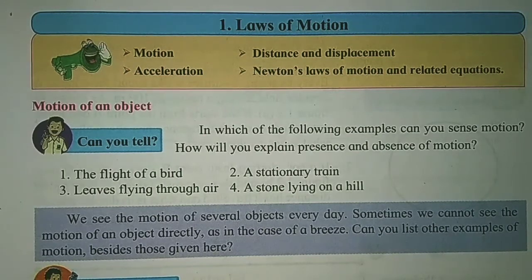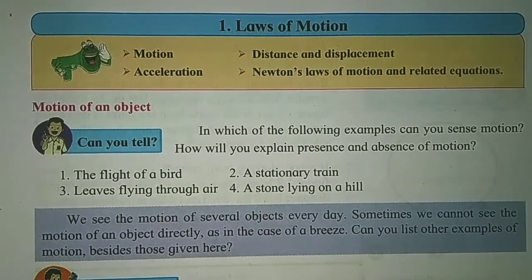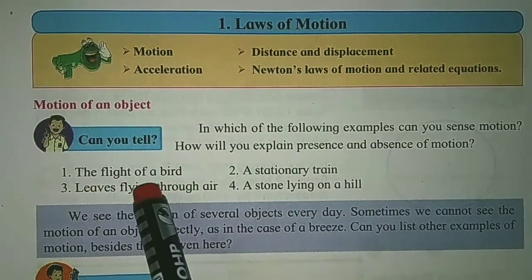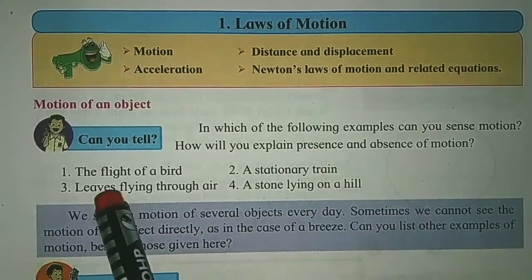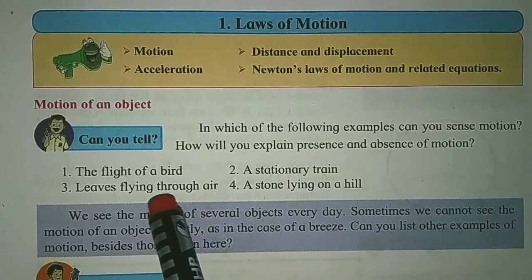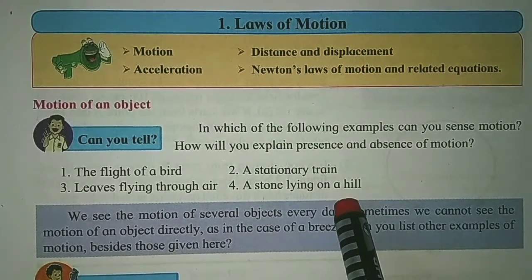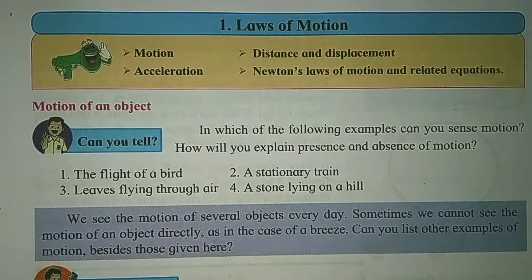In that case, is there a presence or absence of motion? We have to see. So see here, first is the flight of a bird. The second is a stationary train. The third is leaves flying through air. And fourth is a stone laying on a hill. So in these four examples, which do you feel are in motion?